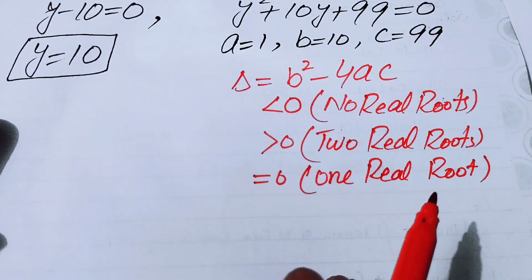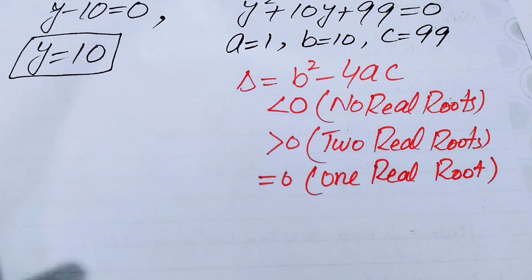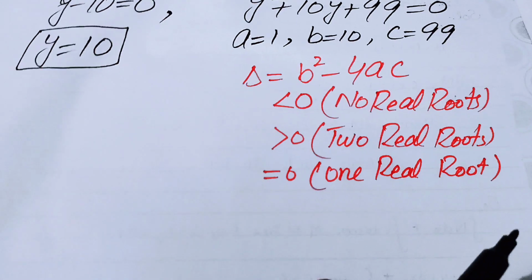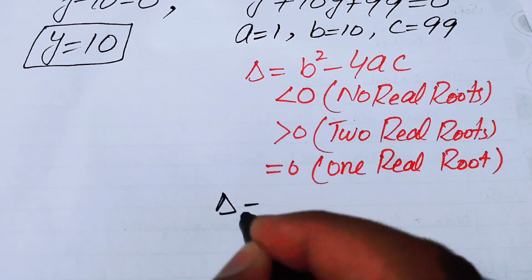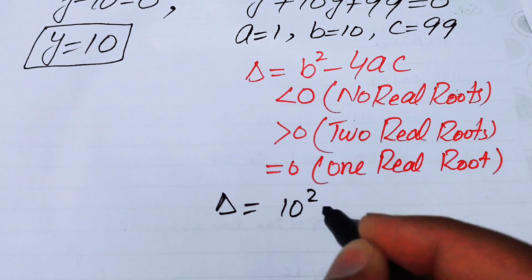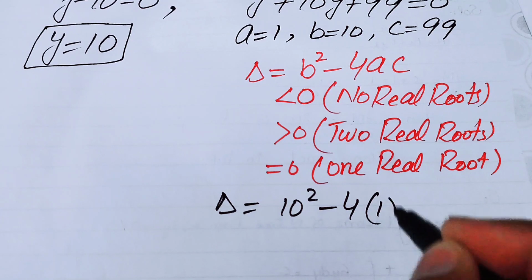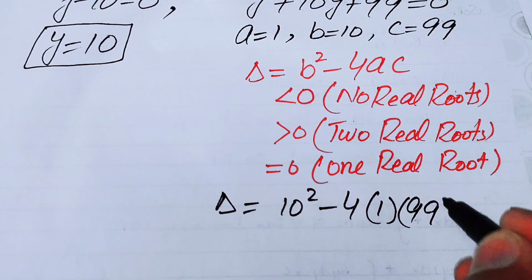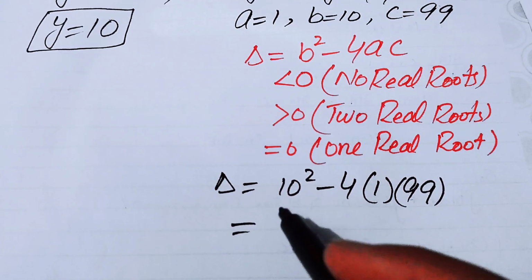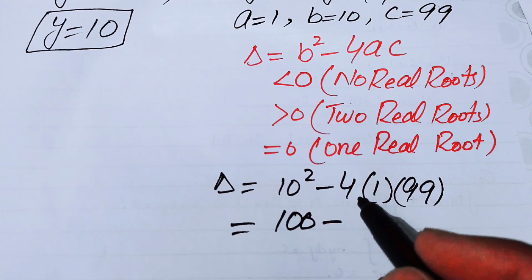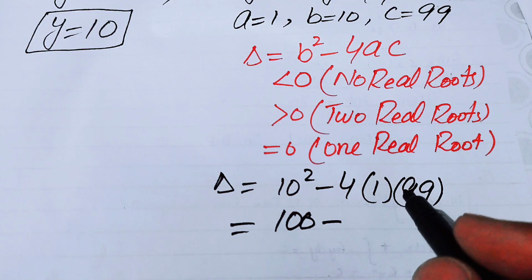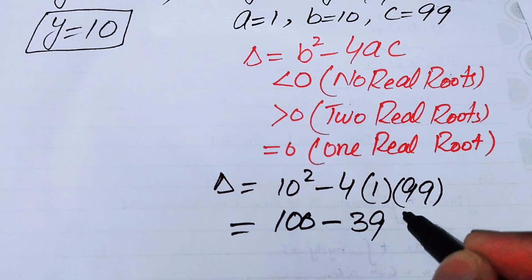Now we will check the behavior of this delta by putting the values of a, b and c, so you get delta = 10 squared - 4 times 1 times 99. So 10 squared is 100, minus 4 times 99 is 396.